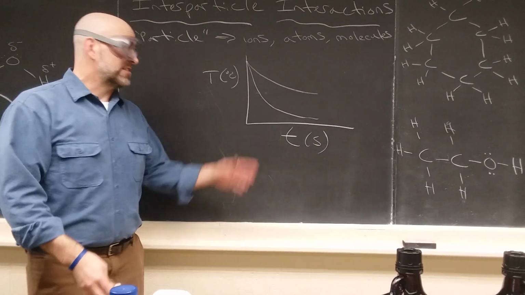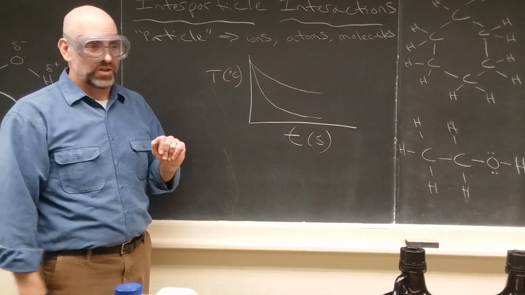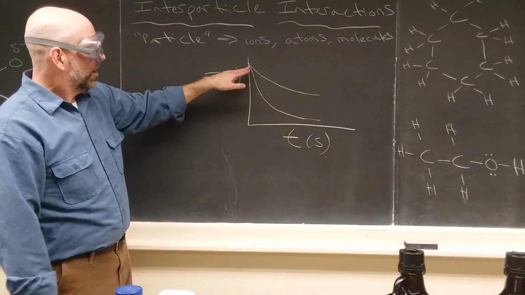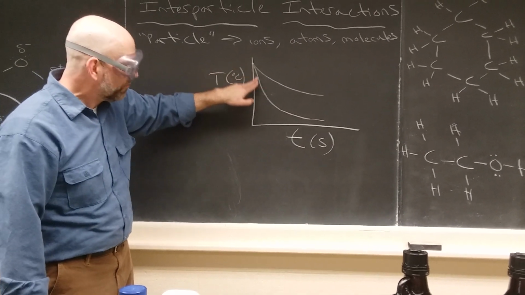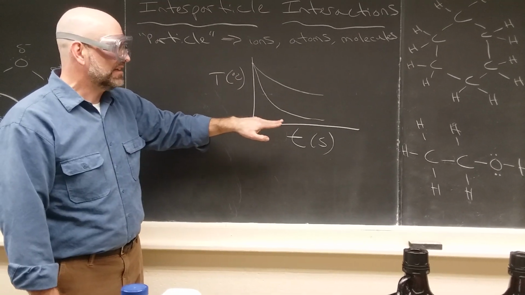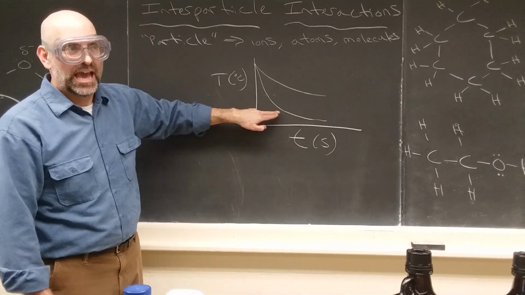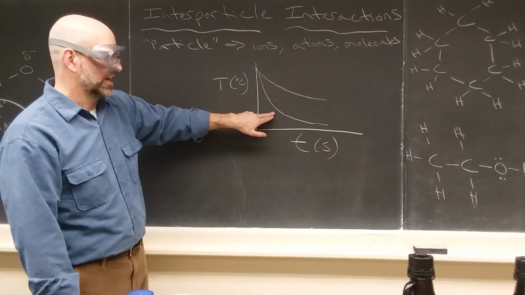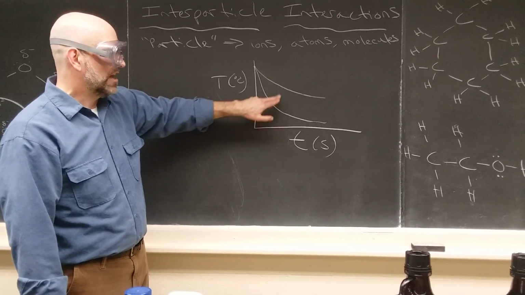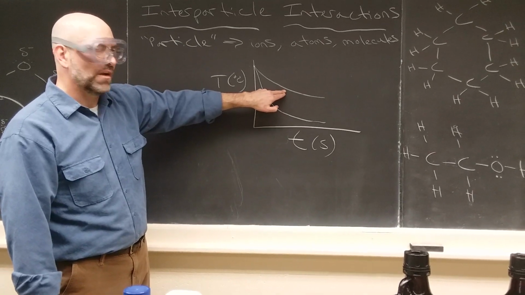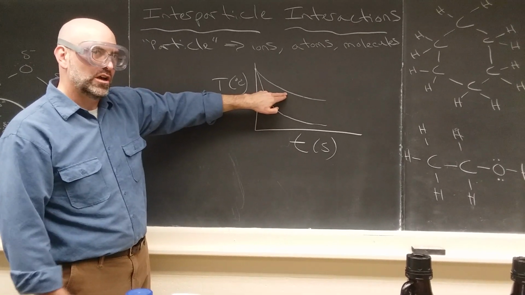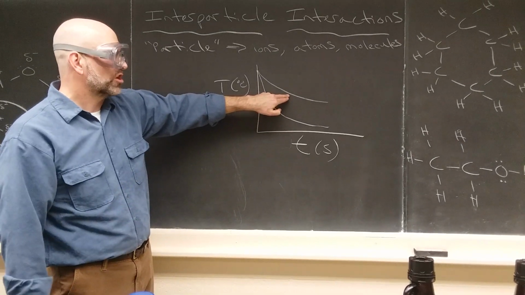Well, I'm sorry, it evaporates as much at a lower rate, okay? Eventually, it'll all evaporate. So the idea here is if it evaporates quickly, that means that the intermolecular forces are very, very weak, and they turn into a gas very easily. And this one, the intermolecular forces must be a little bit stronger so that they're held together more and they don't go into the air as much.